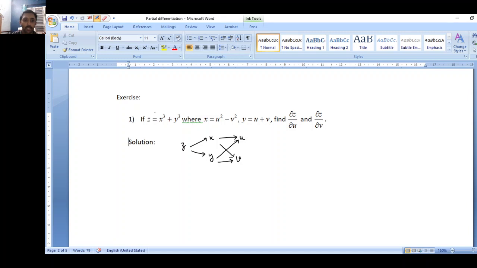So this is exactly what is given as the relation between the given variables. Now, as discussed in the previous session, z is the dependent variable and u and v are the final independent variables.